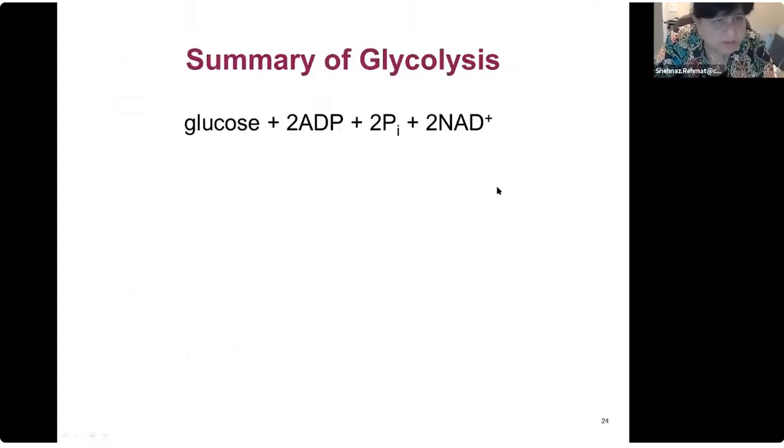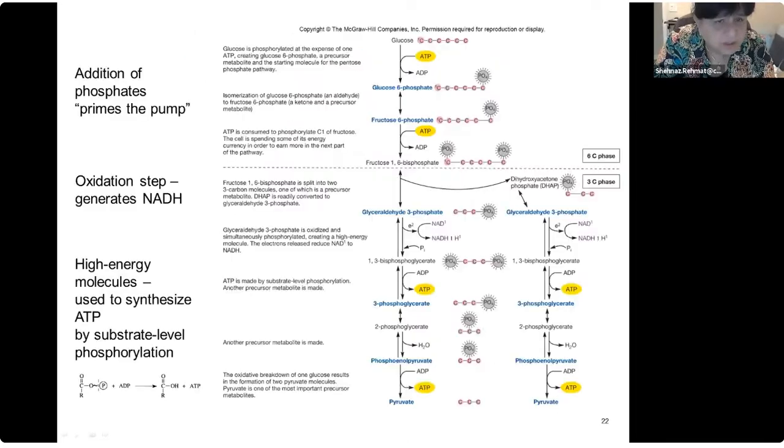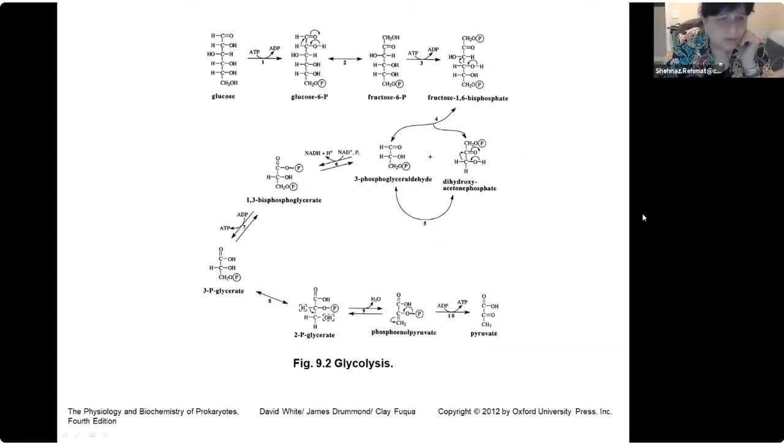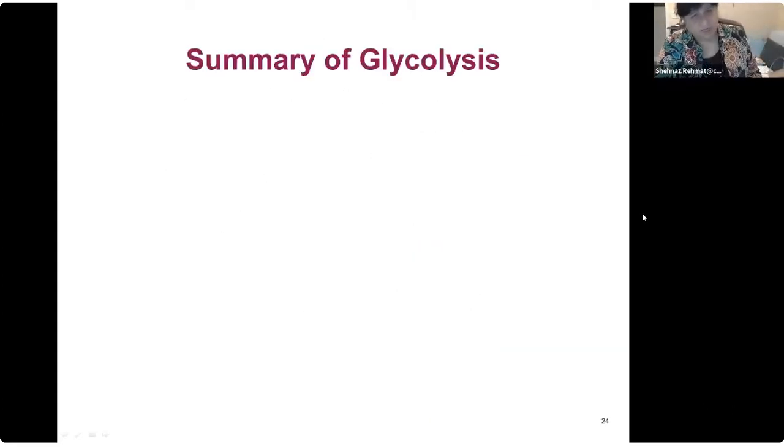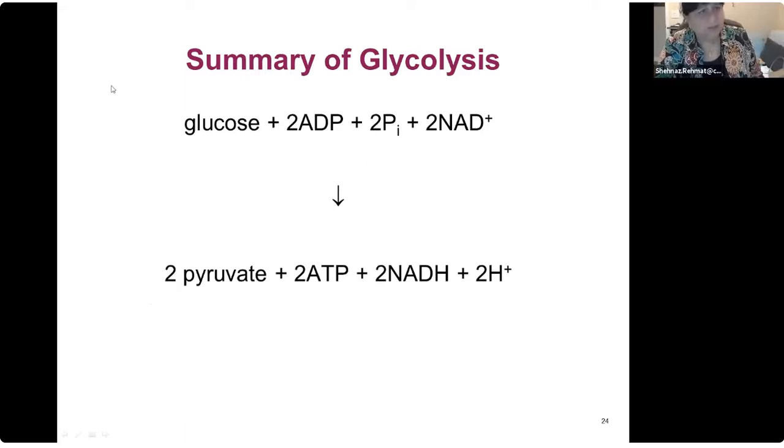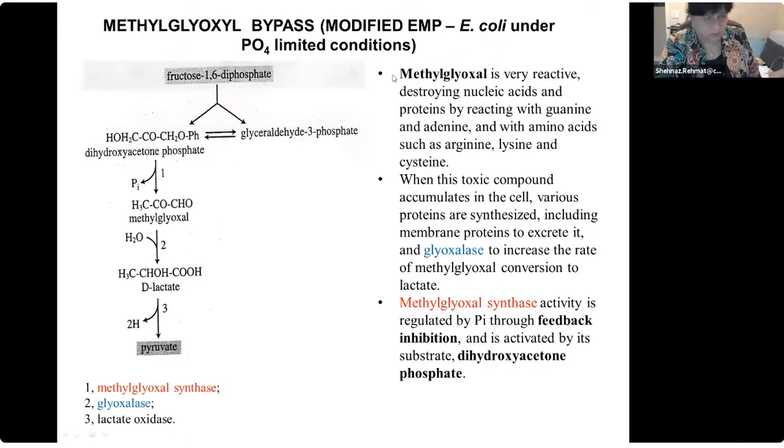Let's go back and see where the phosphates were being used. Remember, I told you that inorganic phosphate is needed at the substrate level phosphorylation, and if there is not enough phosphate, how is it going to run the glycolysis is what we're going to look at by the methylglyoxal bypass. In this case, the two 3-carbon compounds produced at that step where the DHAP is there and the glyceraldehyde 3-phosphate is there.